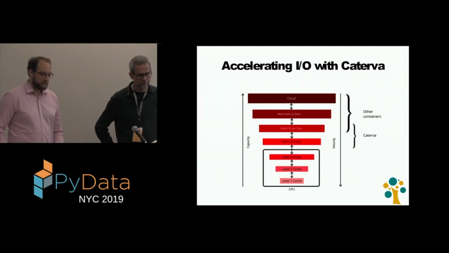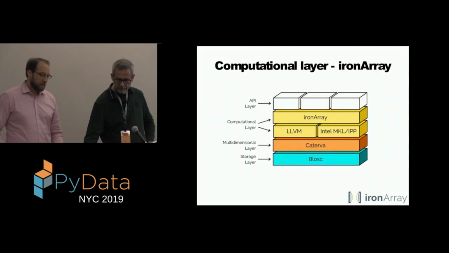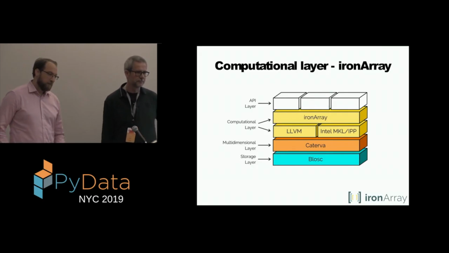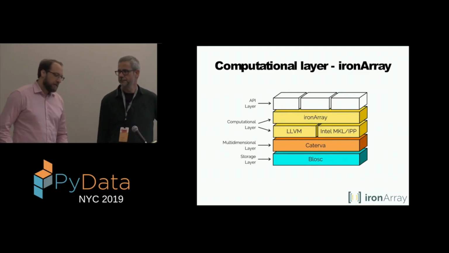BLOSC, Caterva, IronArray. Rephrasing what you were saying, this stack is designed more for a local, sequential setup using the OS. Exactly. We also intend to come up with a model for a larger distributed case, but we're not there yet.